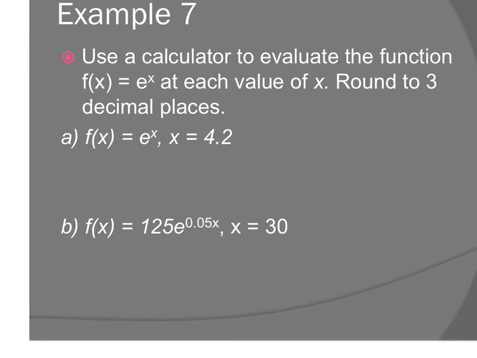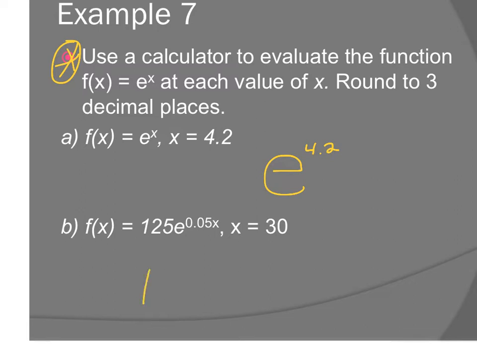All you're doing here is what? First of all, what does it say? Use a calculator. None of you can do this in your head. You don't know what the e is. So all you would do is in your calculator hit e, and then your x that you would plug in is 4.2. That's it.